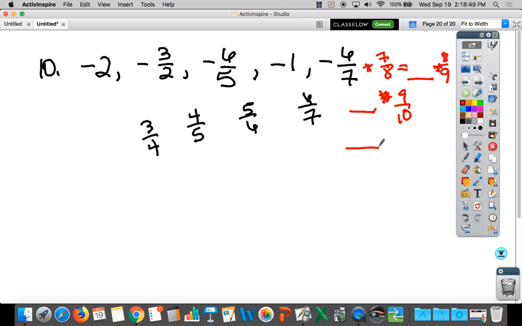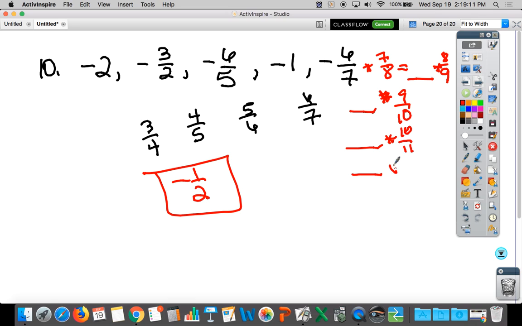And I'm going to get something and multiply by 10/11, till finally you get your 10th term, which happens to be negative 1/2. I don't know where that ends up. I think you have to do one more. No, 11 times 11 twelfths gives you your final.